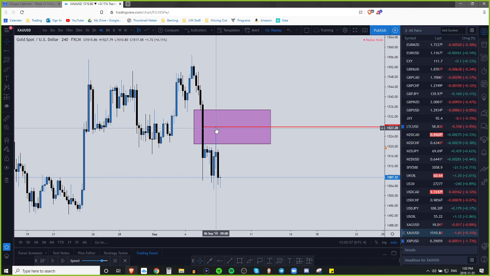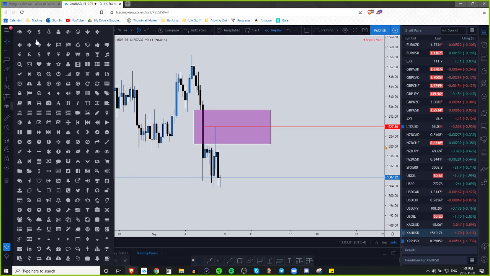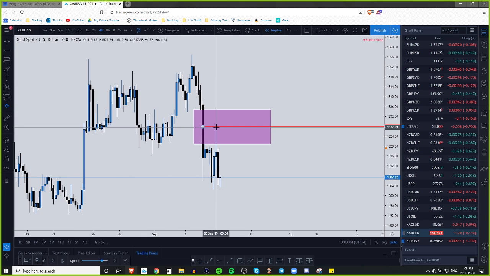It gives us that wick reaction off the 50% point. This is a place where you can look to take a trade from, understanding that there wasn't much opportunity to be buying in this area. The algorithms, the auto traders that the banks use, don't like imbalance. Imbalance must be filled, whether partially or fully.